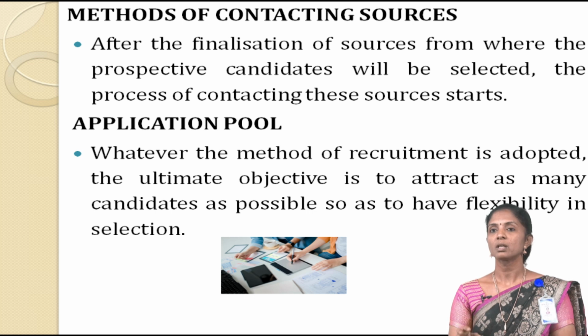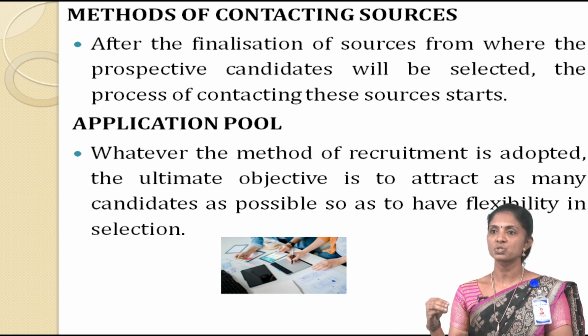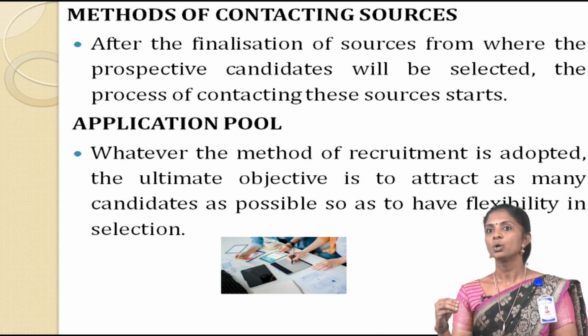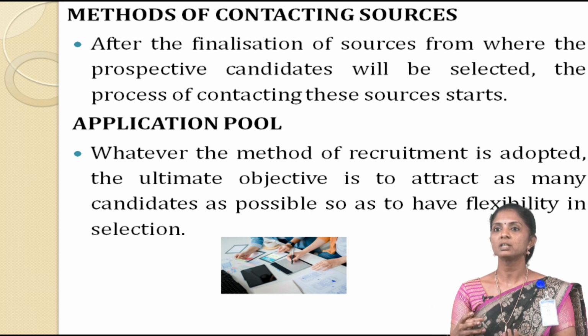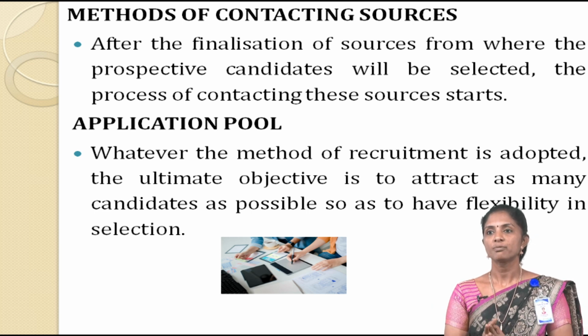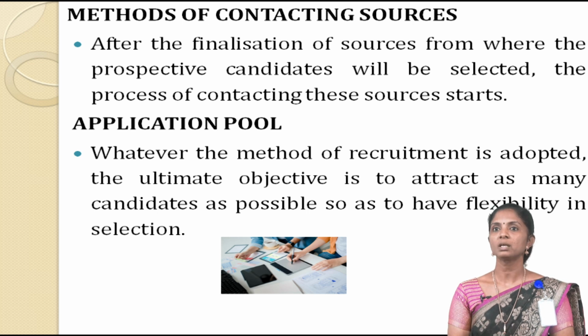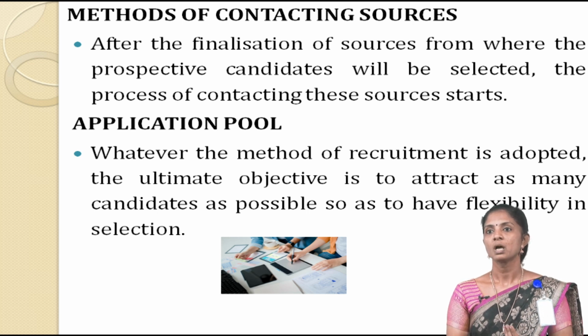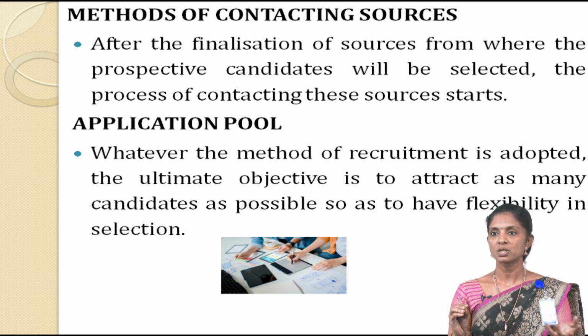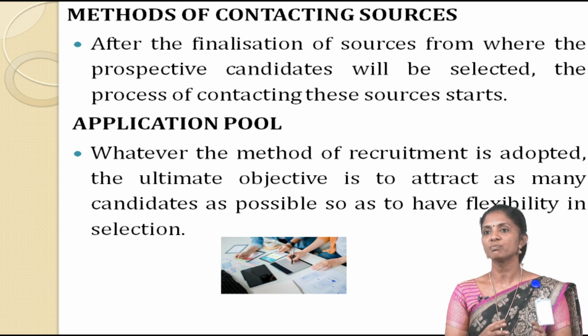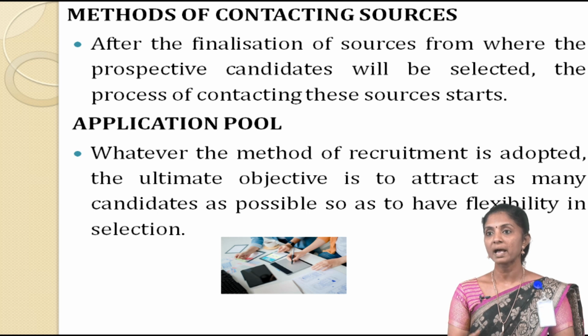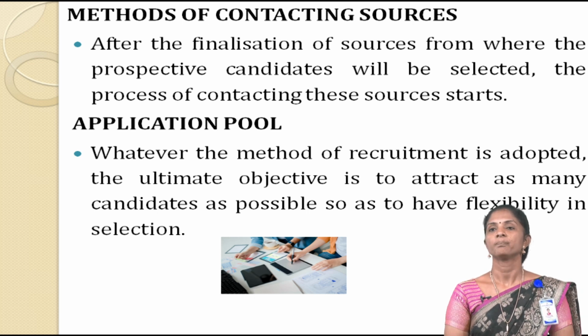In the same way, the recruit must have information about the organization to decide whether to join it or not. Therefore, before making contact with the source, particularly an external one, the organization must decide the information which must be shared with the candidates.